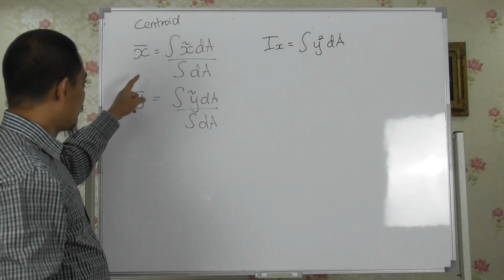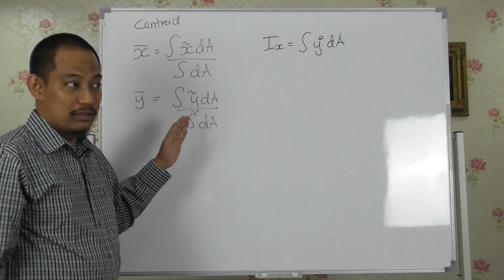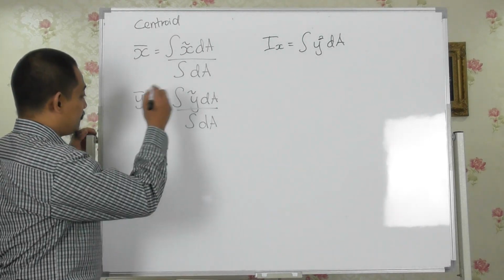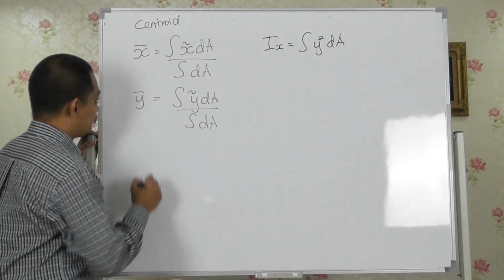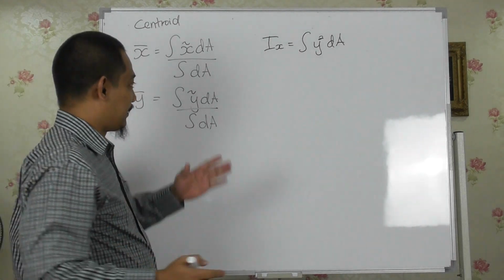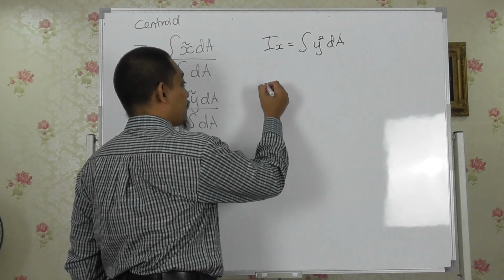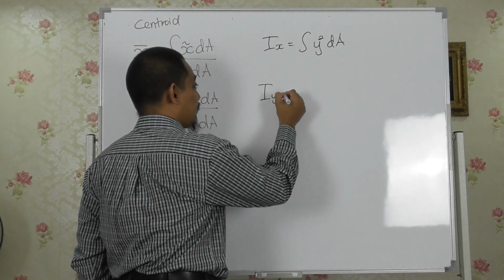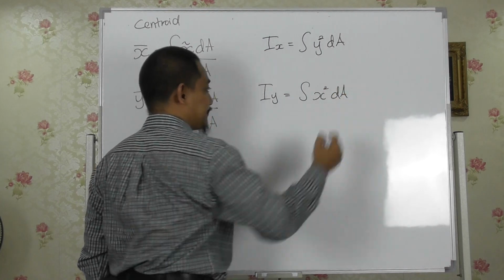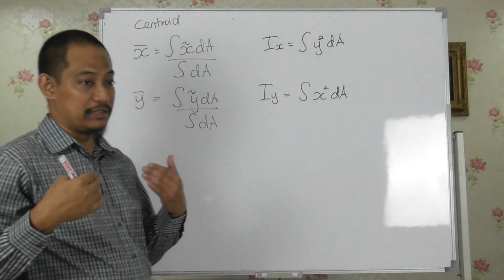Remember, for centroid, it doesn't matter which element you are using, the equation is still the same. We'll just list the equations first, right? And then you'll have Iy equal to integration of x squared dA. Right, so these are the four equations where you might need to integrate.